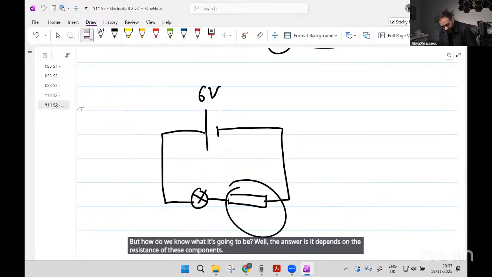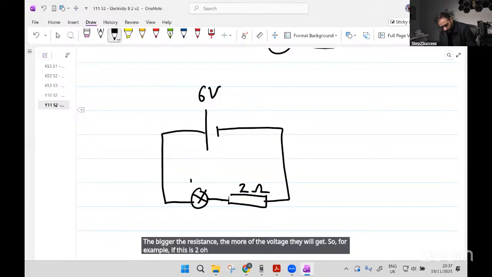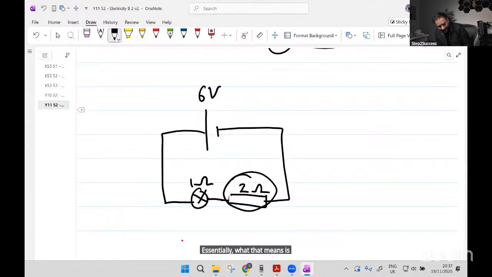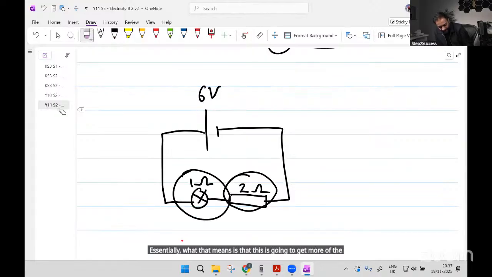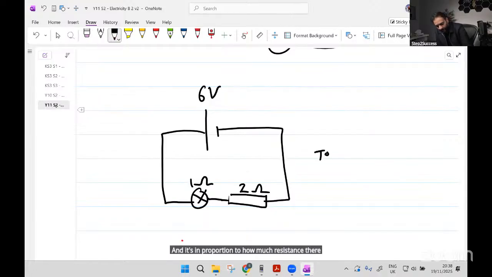The bigger the resistance, the more of the voltage they will get. So for example, if this is 2 ohms and this is 1 ohm, essentially this is going to get more of the voltage than this, in proportion to how much resistance there is. In total, there are 3 ohms of resistance in the circuit, 2 plus 1.